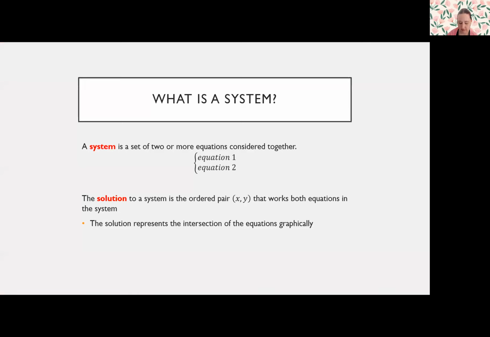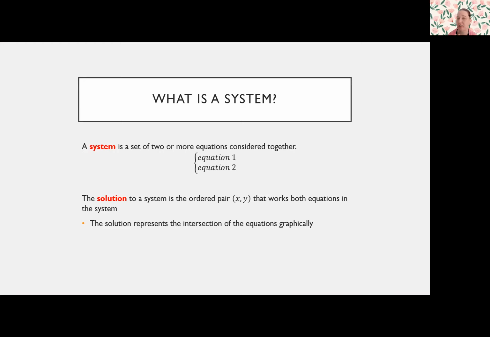So a system is what we call when we have 2 or more equations and we're considering them as a whole. And so we're looking for an answer that works in all of the equations that we're considering. So if you have 2 equations, you're looking for an ordered pair that is a solution to both.